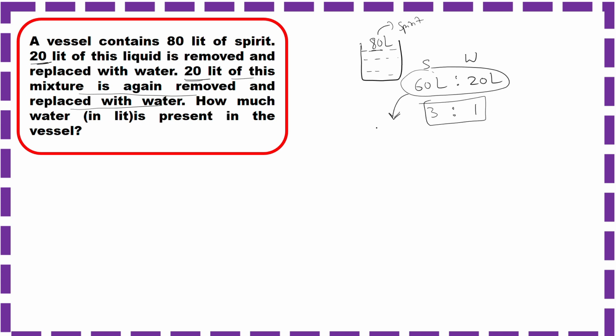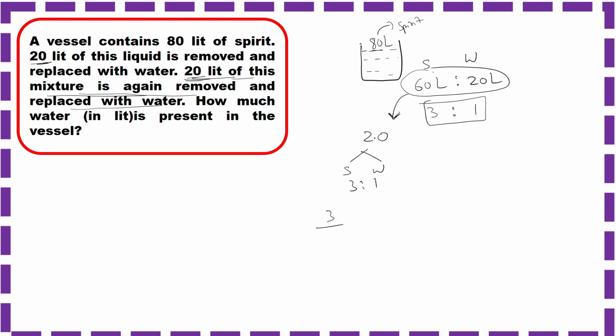Whenever some quantity is removed from this mixture, that removed quantity will have the same ratio as the original quantity, right? So here the ratio is 3:1. When these 20 liters of the mixture are removed, they contain spirit and water in the 3:1 ratio, right? So 3 parts of 20.